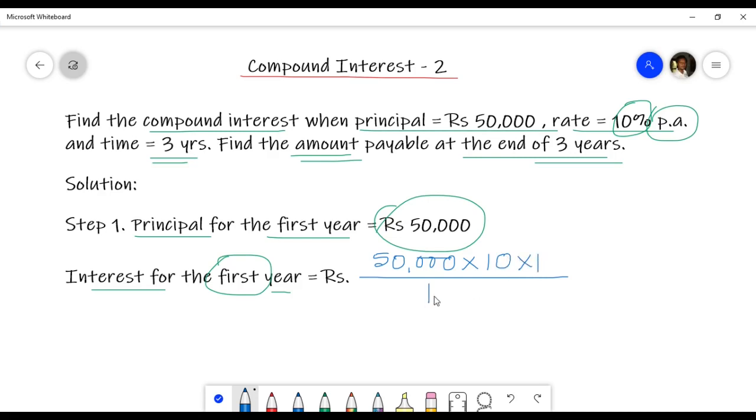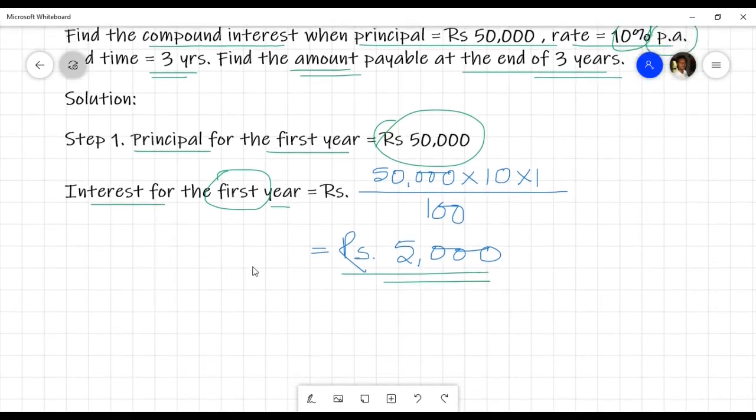We are calculating it for the first year, so time will be 1. And when you simplify this, the answer that you will be getting is rupees 5,000. I hope you also are calculating it. Rupees 5,000. So 5,000 is the interest for the first year.